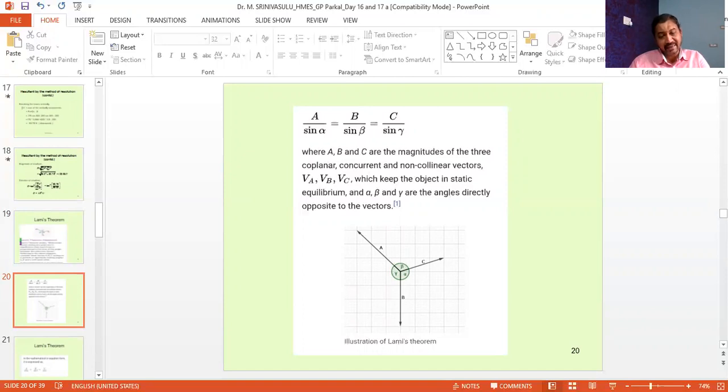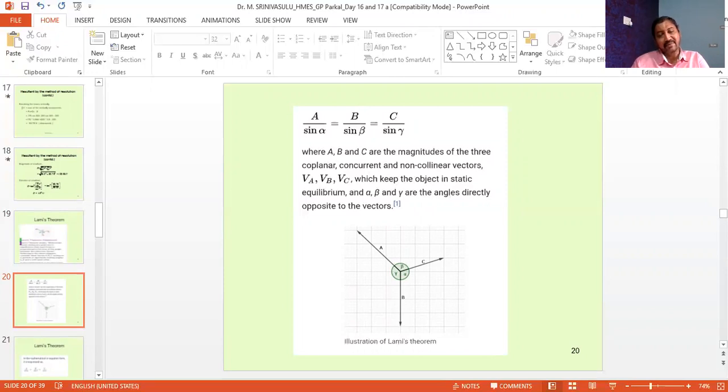So this is the equation, and this equation is called Lami's theorem. Here we must note that A, B and C are the forces, and alpha, beta and gamma are the angles. Alpha is the angle between B and C, beta is the angle between A and C, and gamma is the angle between A and B.